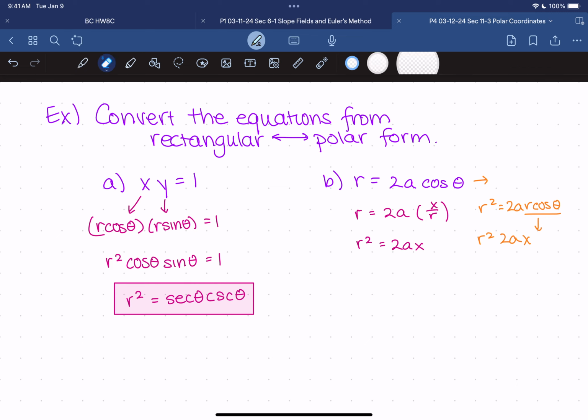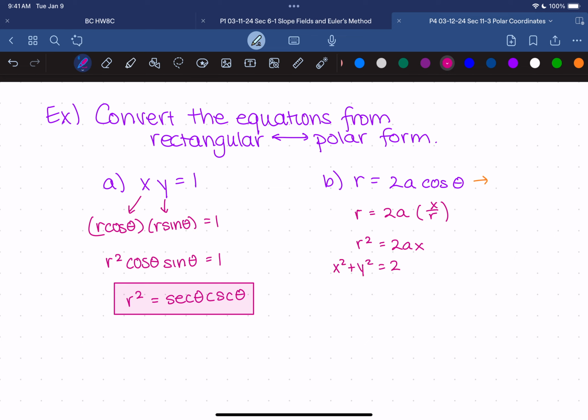So just different ways. Now, of course, we still have r, so we have to take care of that. But now we know that r squared is x squared plus y squared. And then it becomes one of those things like, how do you know when you're done? I mean, if you can solve for y, you definitely want to do that.